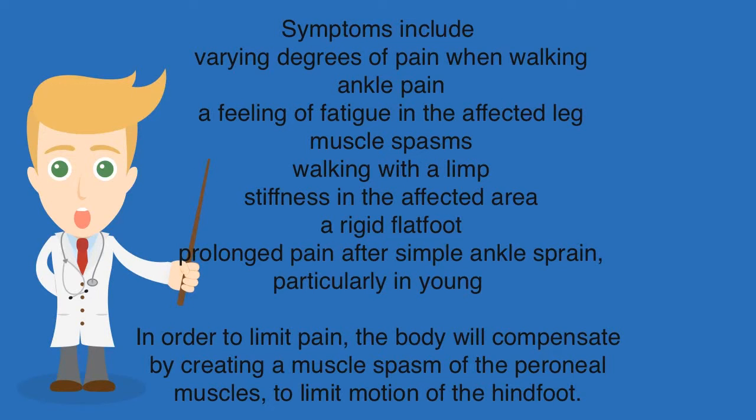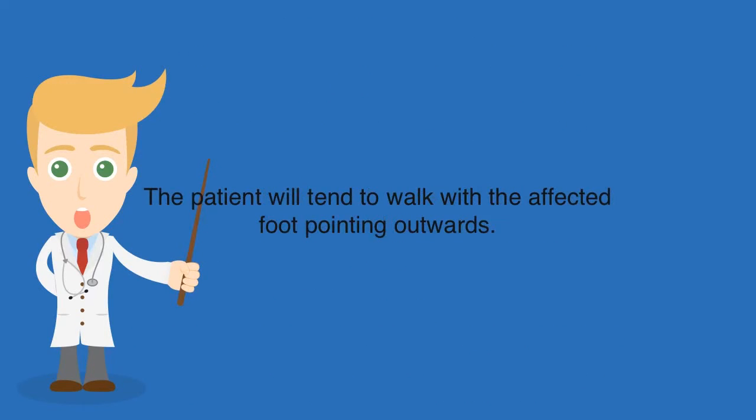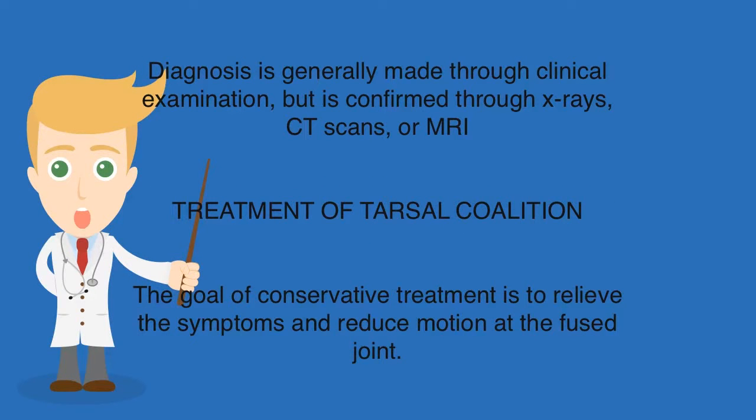In order to limit pain, the body will compensate by creating a muscle spasm of the peroneal muscles, to limit motion of the hind foot. The patient will tend to walk with the affected foot pointing outwards. Diagnosis is generally made through clinical examination, but is confirmed through X-rays, CT scans, or MRI.